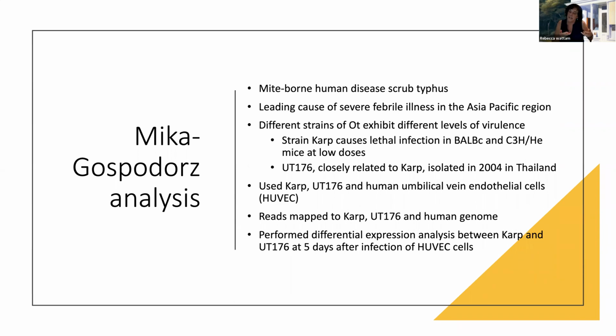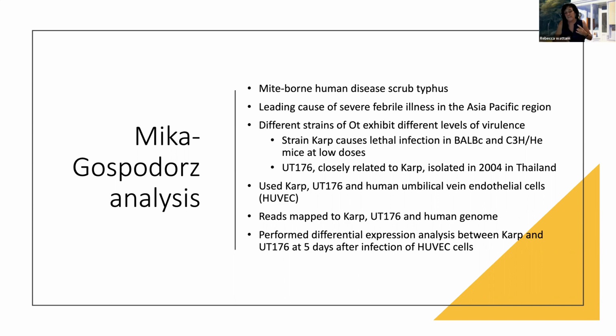As their analysis, they sequenced those samples, and then they took the reads that came off the sequencer and mapped them to Karp, to UT176, and to the human genome.